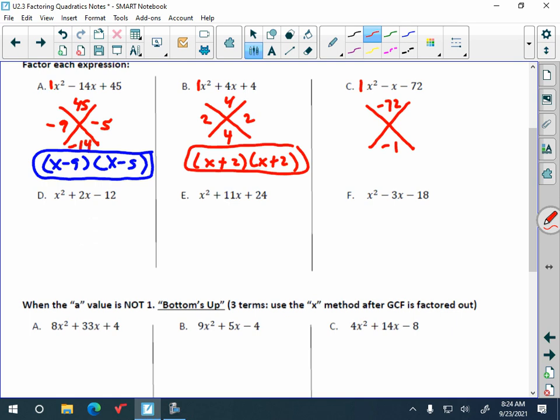Okay, so 9 and 8, right? That multiplies to 72. So now you just have to get your signs right. So it's got to be a negative 9 and a positive 8 to add to get negative 1. All right, so the negative has to be on the 9. All right, so then it's x minus 9, x plus 8.